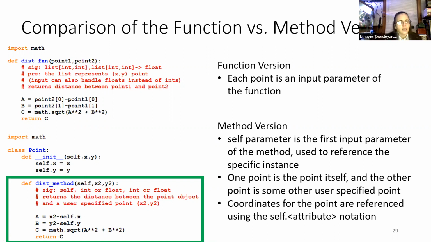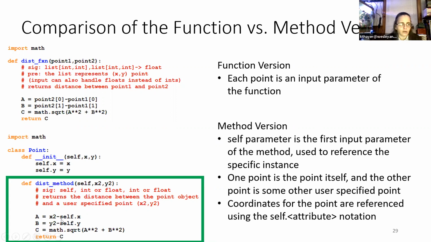And then the other one will have an x and y value from some other point. That other point could be another instance of your class, and in fact, that's how you should define it. Those will be just x2 and y2, which will not be accessed using self because they pertain to the other point.